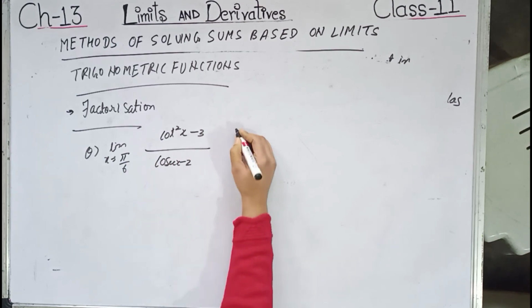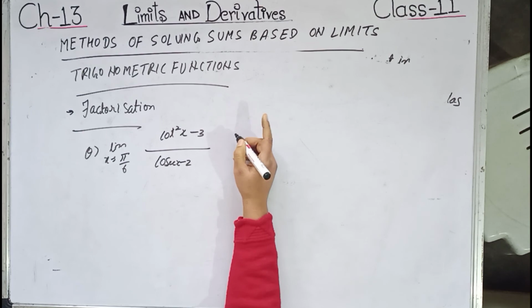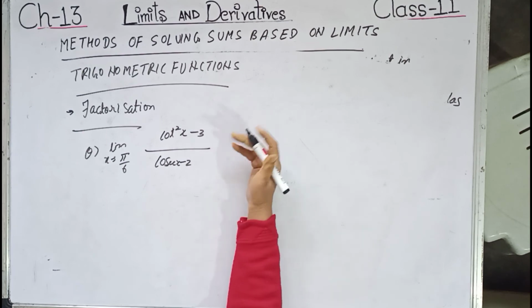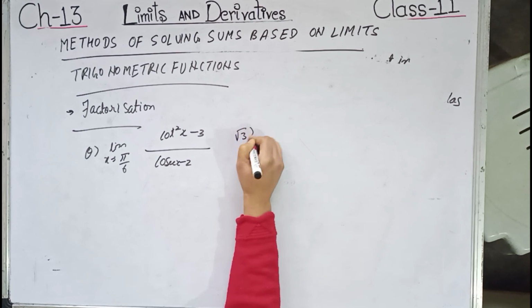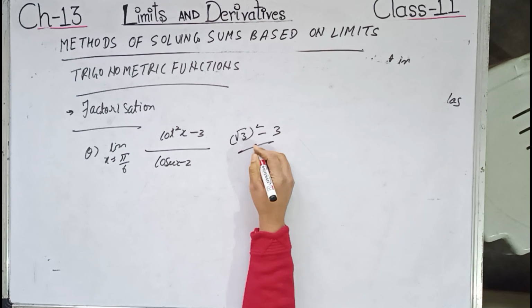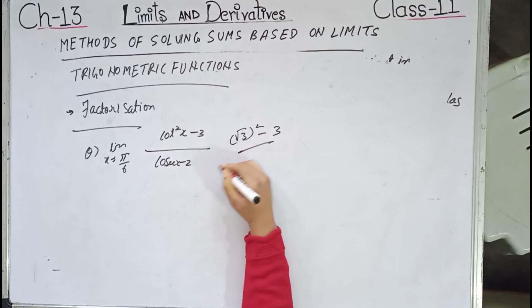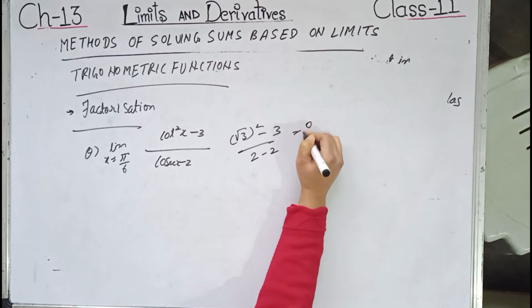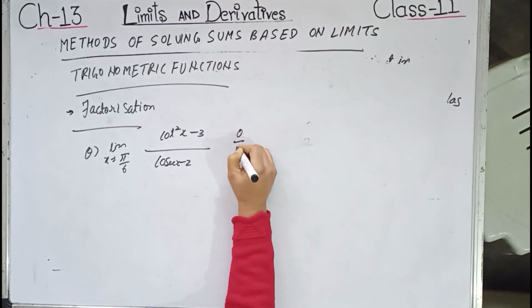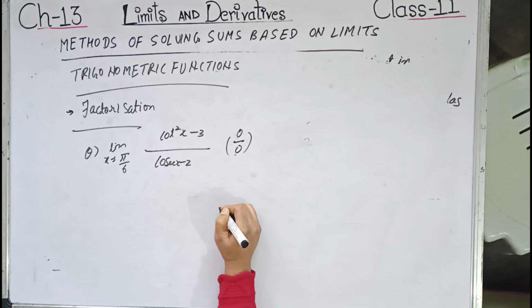Now tan 30 is 1 by root 3, so cot 30 is root 3. So root 3 square is 3, and sin 30 is 1 by 2, so cosec 30 is 2. So 3 minus 2... so 2 minus 2, this is in the form of 0 by 0 form.